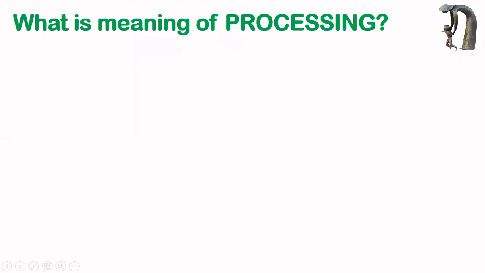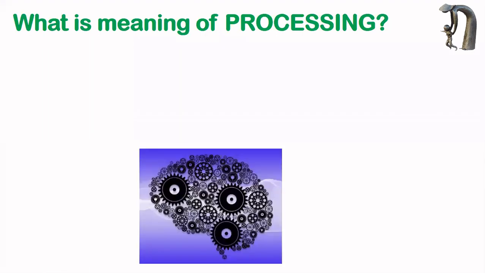Now, when we say processing, what comes to our mind? Processing means something like where you have a lot of machines and something getting processed to come up with the final product.